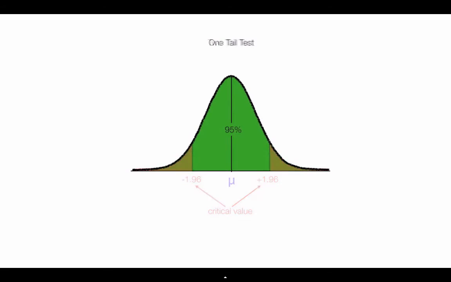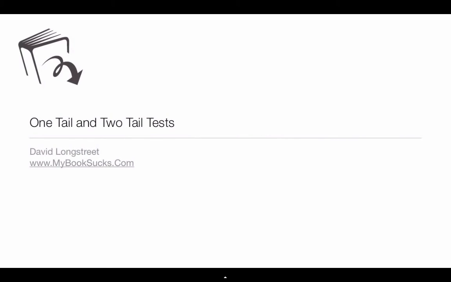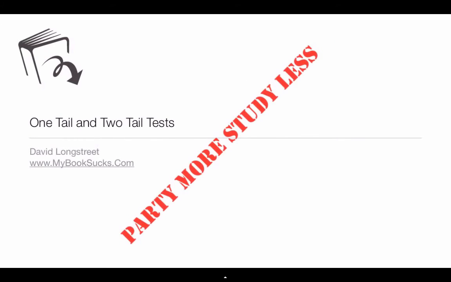When I return to a one-tail test, the critical value on the right is a positive 1.645, and the critical value to the left would be a negative 1.645. And this has just been an introduction to one- and two-tail tests, and there's more to come, more to learn about stats.